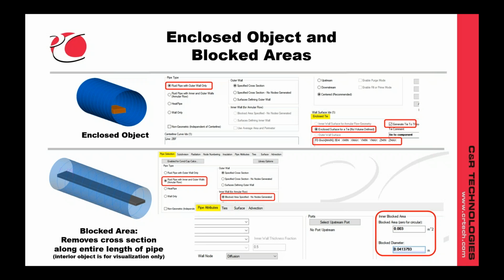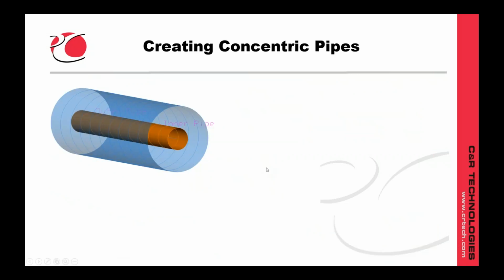And here I've input a cross-sectional area and a hydraulic diameter. If this were a circular area, I could just put in the diameter. I think I still need to put 0 in for the blocked area. But it basically assumes circular if there's a 0 blocked input for the area field. It assumes circular.